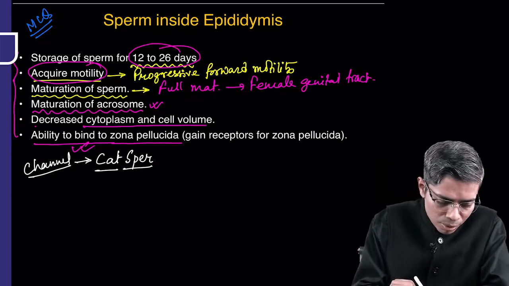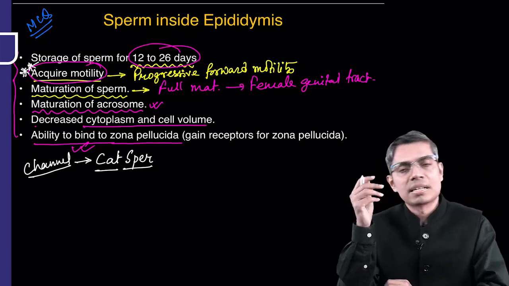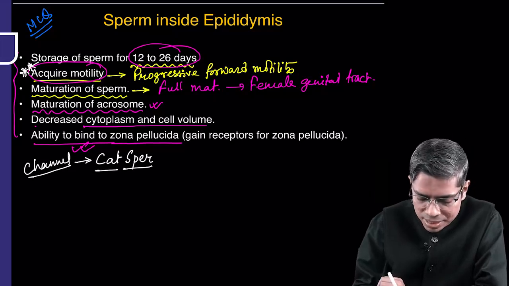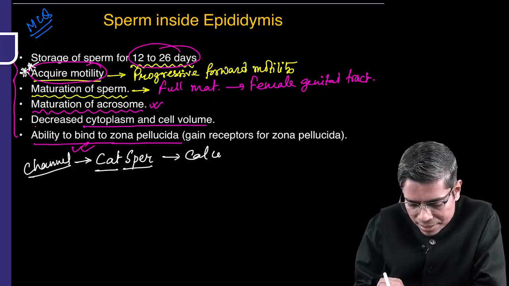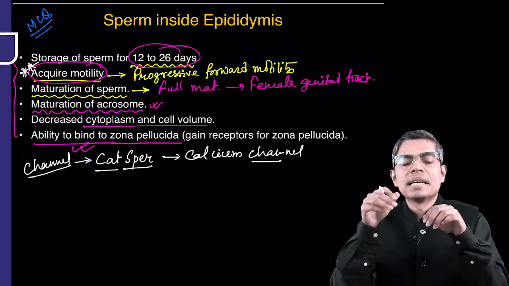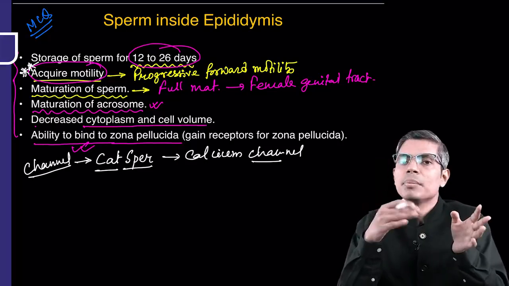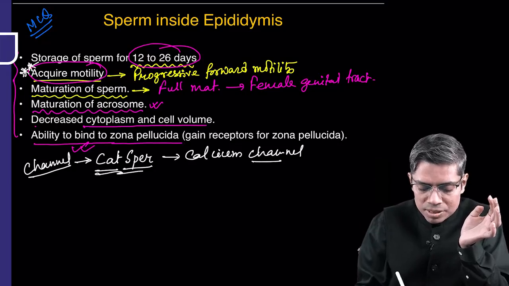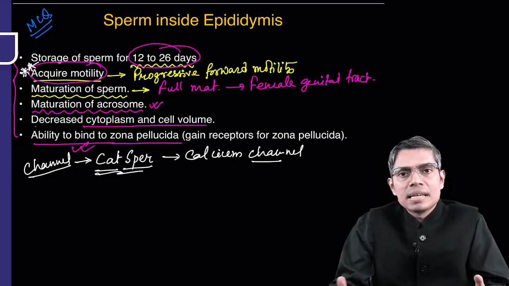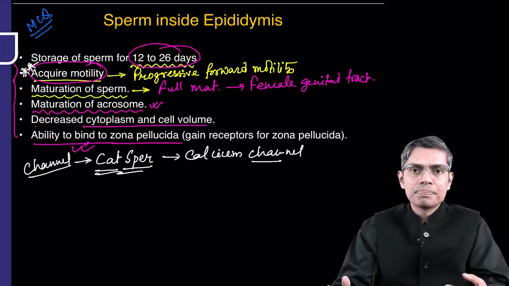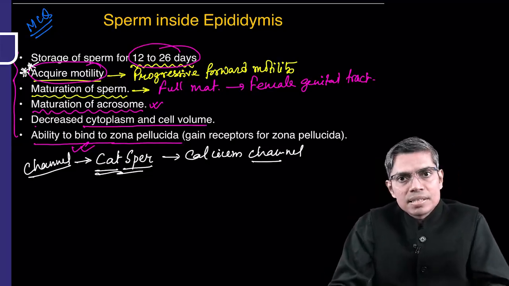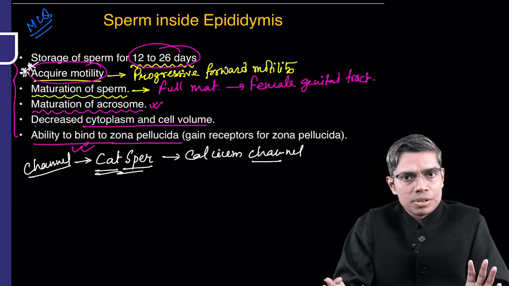So if I ask you how the sperm is acquiring this motility at the level of the epididymis, you have to remember the name of this important channel, the CatSper channel. This channel is basically a calcium channel, right? Because of the presence of this channel, calcium enters inside the sperm and the sperm becomes motile. So please remember the name of this channel, which is known as the CatSper channel, right? So this is what is happening inside the epididymis. After this, the sperm is fully motile and fully mature. It will enter the vas deferens, and from there it will be ejaculated out, right?